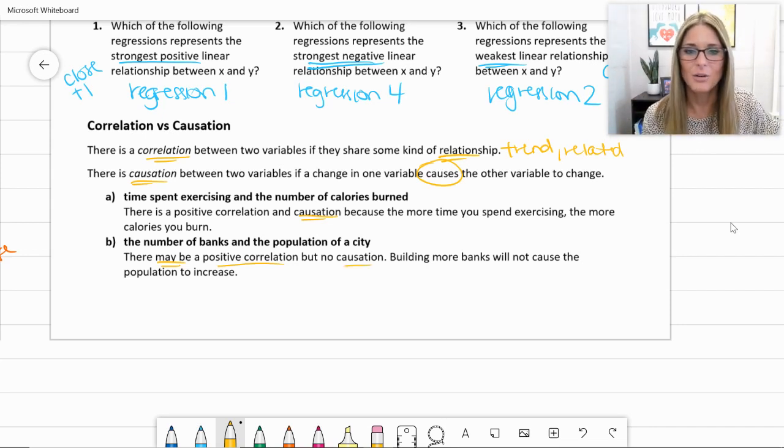But there's no causation. Think about it. If you build more banks, it's not going to cause the population to increase. So we can have correlation without causation. Just because there's correlation doesn't mean that it is a cause and effect kind of situation. So check those out. Like I said, I've got several examples for you on Delta Math.